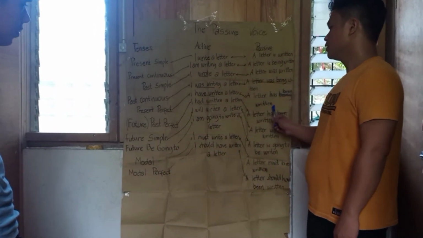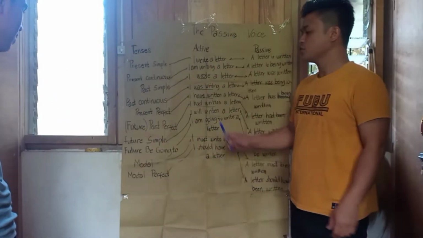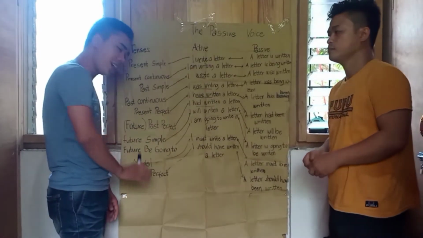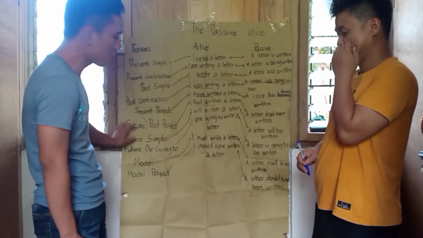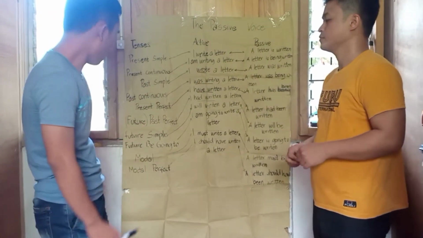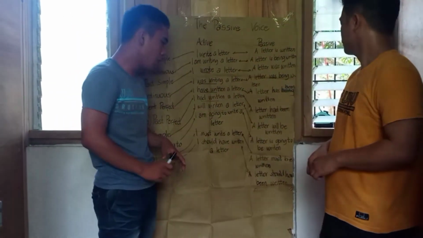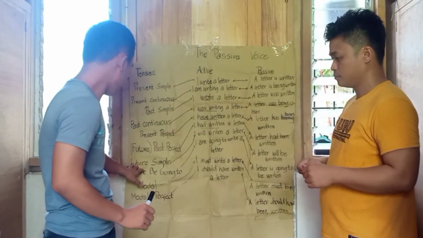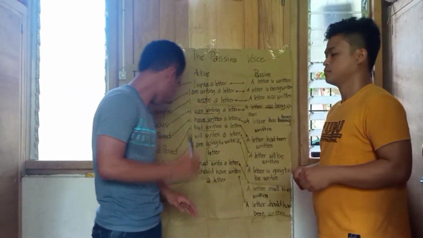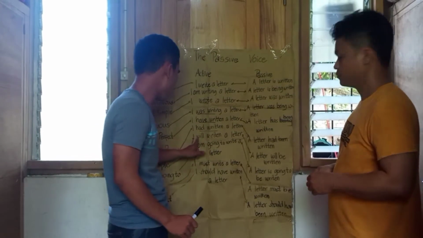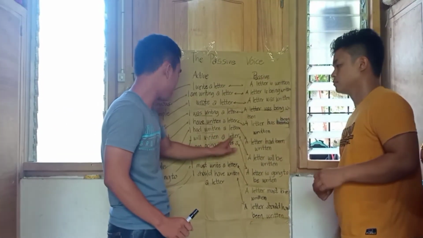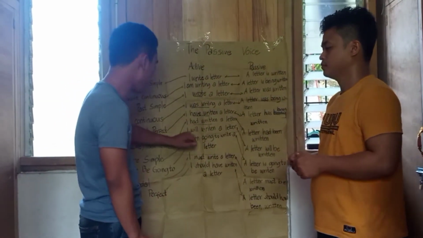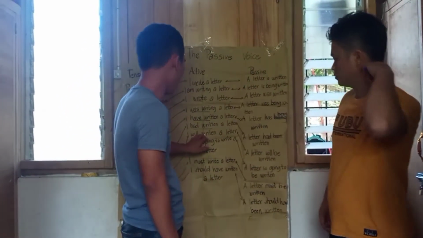So next is the future simple. We are going to tackle another of the tenses, which is the future simple. When we say future simple, our action is not yet done, so yes, it is future. The example here is I will write a letter. Sir, what is the future simple in this sentence?